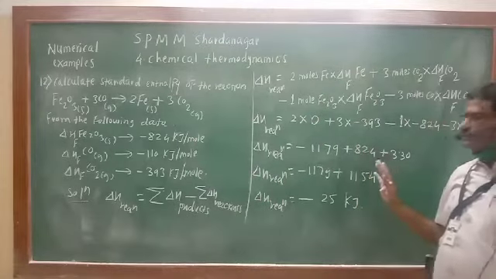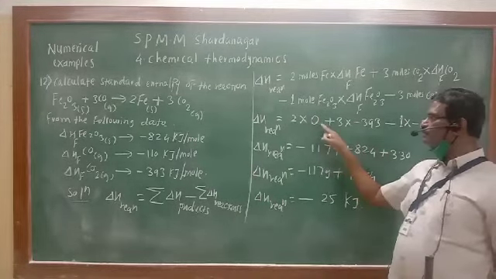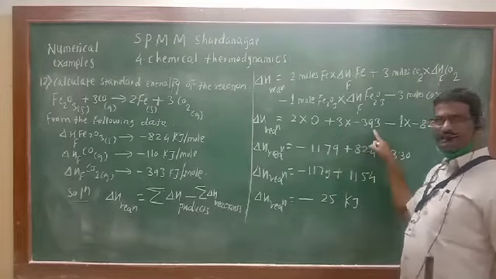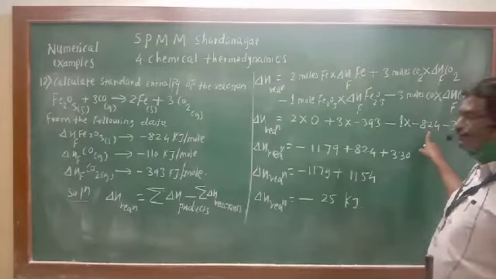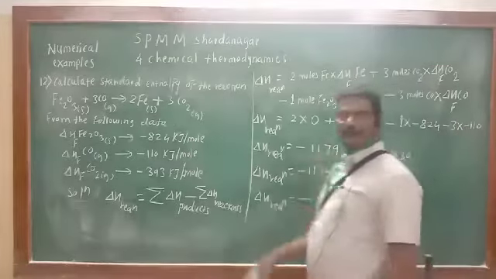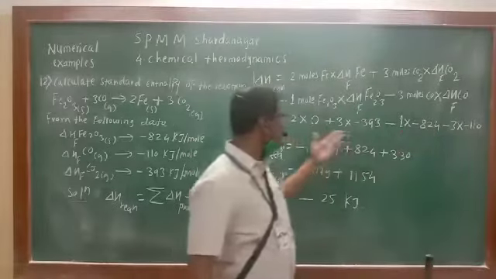Then substituting the values: 2 into 0, 3 into minus 393, minus 1 into minus 824, minus 3 into minus 110, solving the answers.